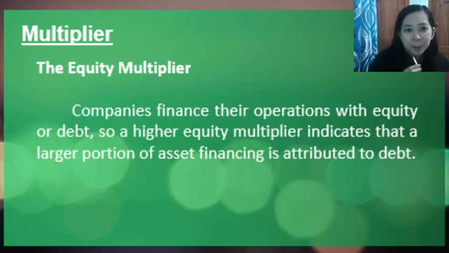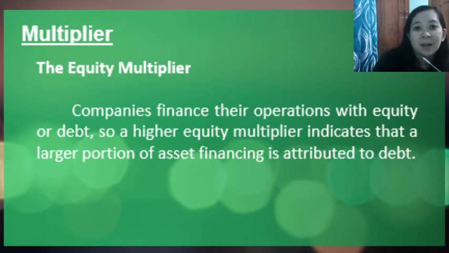Companies finance their operations with equity or debt, as mentioned. So a higher equity multiplier indicates that a larger portion of asset financing is attributed to debt.